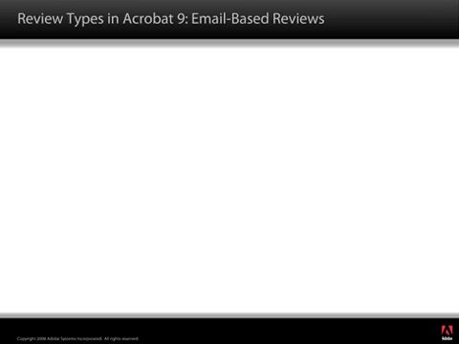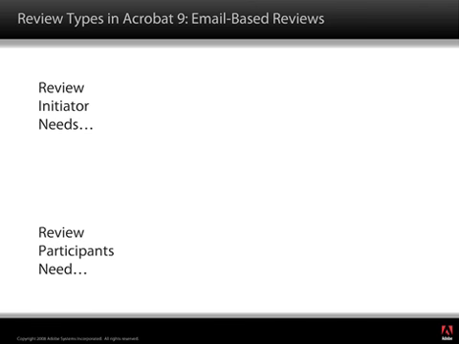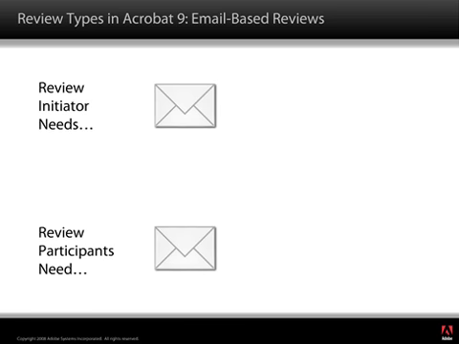So let's take a look at email-based reviews first and what's needed from both the initiator and also the participant, because I'm going to be playing both roles today. So what do they need? Well, obviously for email-based reviews, the initiator and the participant will need access to an email account. They can get to that email account however they wish.